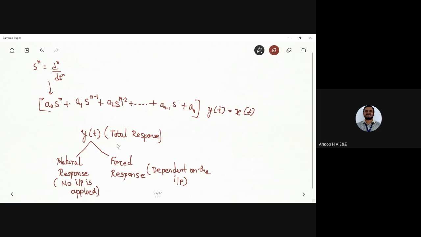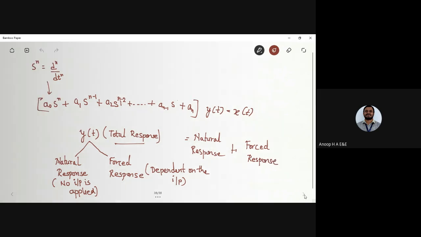So I can say that the total response of the system is a sum of the natural response and the other one which includes the input, which I'll call the forced response of the system.